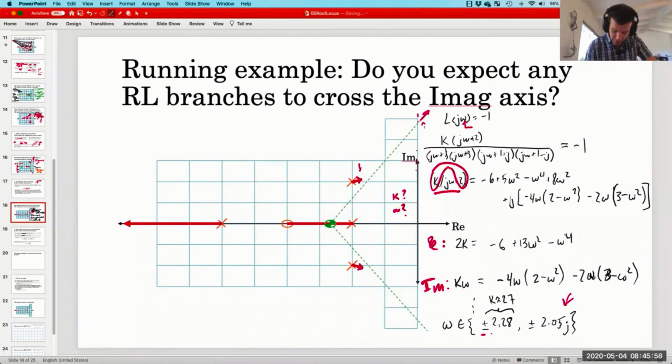So that's why I'm focusing my attention on both of these solutions. And it's not surprising that we get a pair of numbers, 2.28 and negative 2.28, because we expect 2 crossings. We expect one here, and we expect one here. And we also expect them to be symmetric. So the fact that they're plus or minus is exactly what we want. So this is the point 2.28j, and this is the point negative 2.28j.